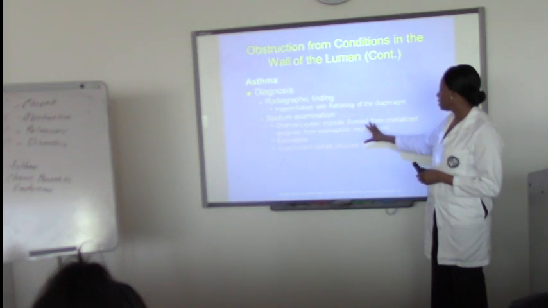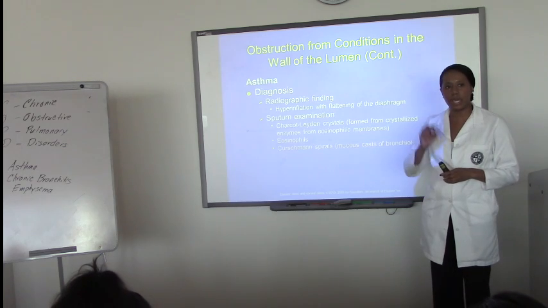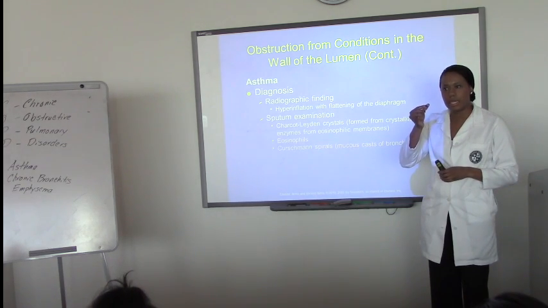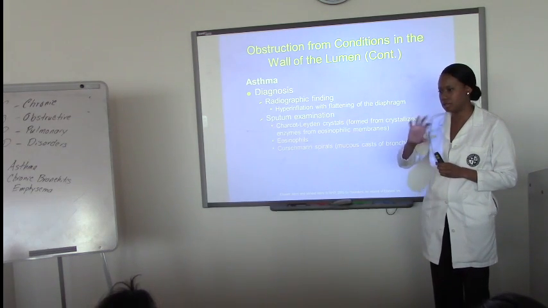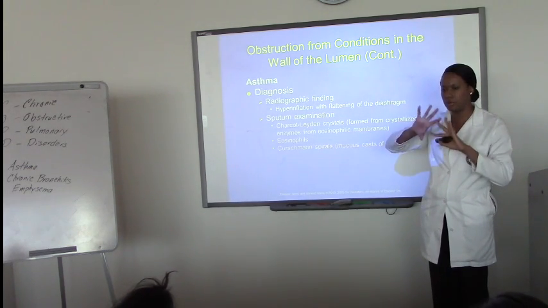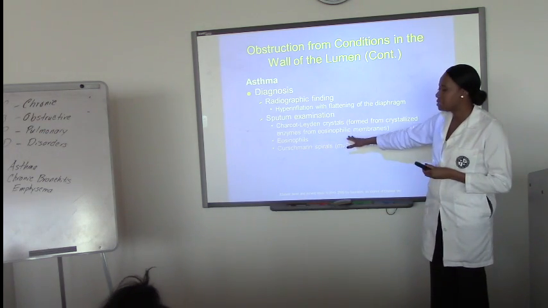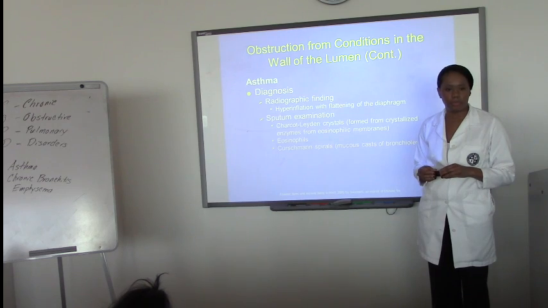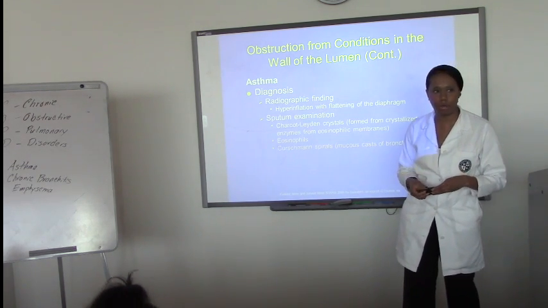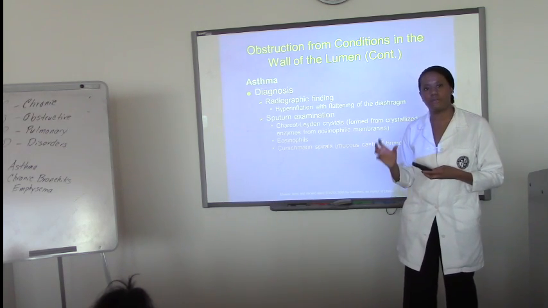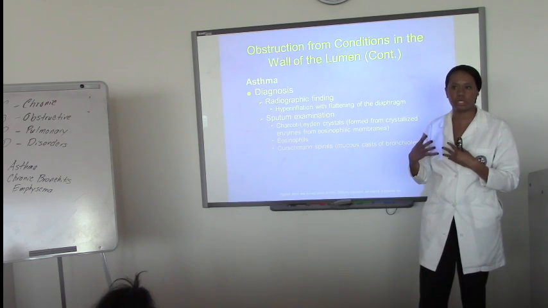So Charcot-Leyden crystals, this happens when the eosinophils start to break down and form a little crystallized thing. Eosinophils will also be in the sputum. Please keep in mind that these individuals will have a high eosinophil count. Why? Because eosinophils are elevated when a person has an allergic reaction, especially respiratory type.